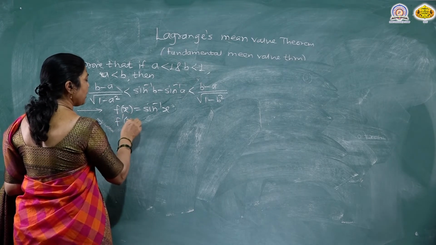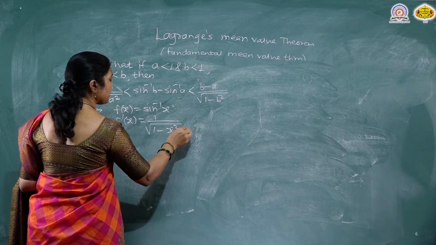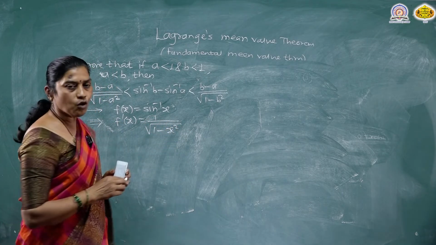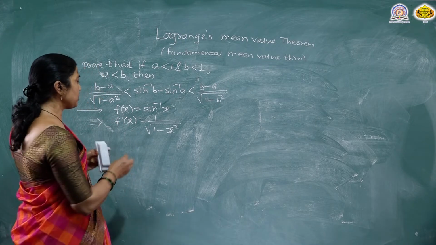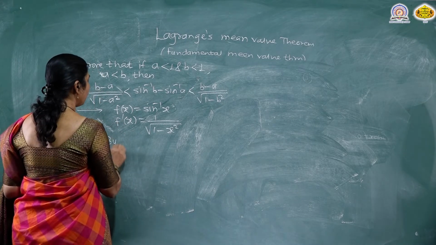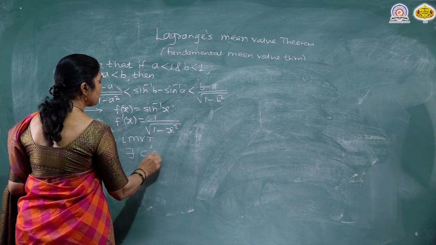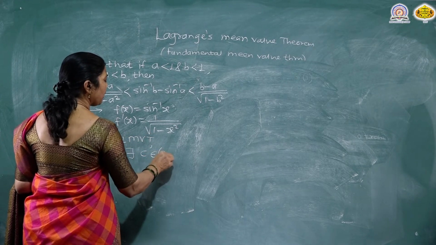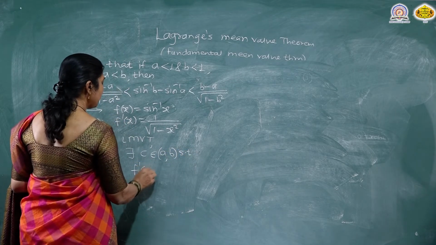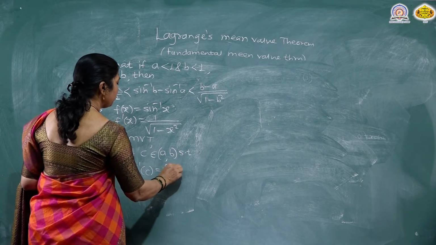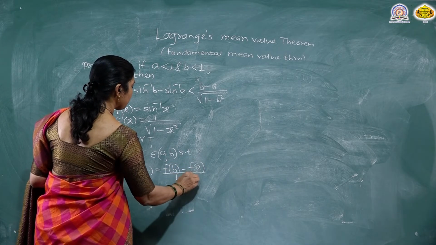Now what is f'(x)? f'(x) is nothing but 1 upon root of (1 minus x square). As it satisfies Lagrange's mean value theorem conditions, by Lagrange's mean value theorem, there exists at least one point c in the interval (a, b) such that f'(c) is equal to (f(b) minus f(a)) upon (b minus a).